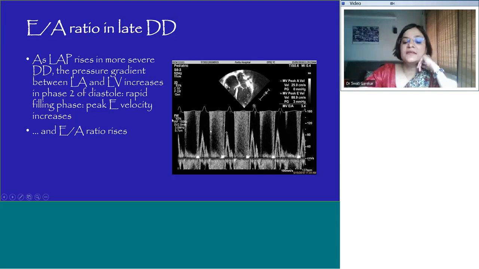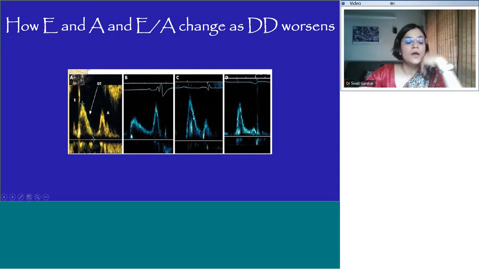Same thing here, in severe diastolic dysfunction, left atrial pressure rises and the E/A ratio becomes higher and higher. How do they change as diastolic dysfunction worsens? So this is normal. In early diastolic dysfunction, the E wave actually goes down, while in late, the E/A ratio increases.